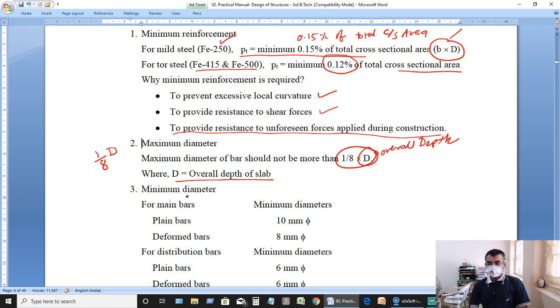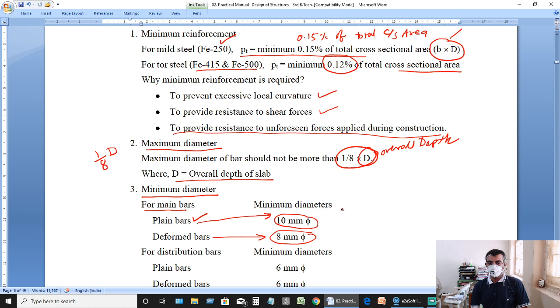Then minimum diameter. This was the maximum diameter of the bar, and this is the minimum diameter of the bar. For the main bar, if you are using the plain bar, then the minimum diameter will be 10 mm, and if you are using the deformed bar, then the minimum diameter will be 8 mm.